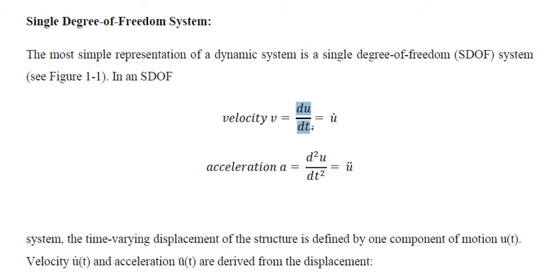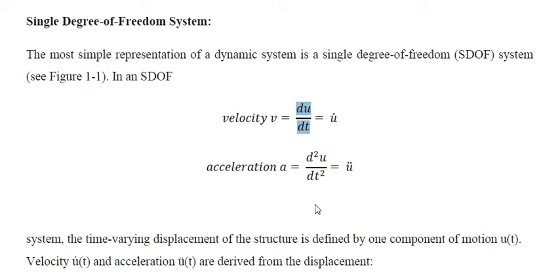In some cases, it is given as dq by dt. No need to worry, because the notation for displacement is either u or q. Once again, I am stressing, don't be confused with the notation of u or q. Both are one and the same.